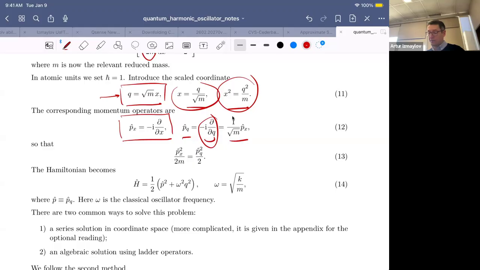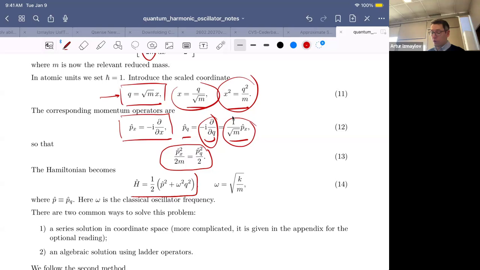And we have this definition of the connection between the old momentum and the new momentum, right? More than that, the momentum term before, px squared divided by 2m, turns into a nice pq squared divided by 2. So m is gone because it gets absorbed into the coordinate.